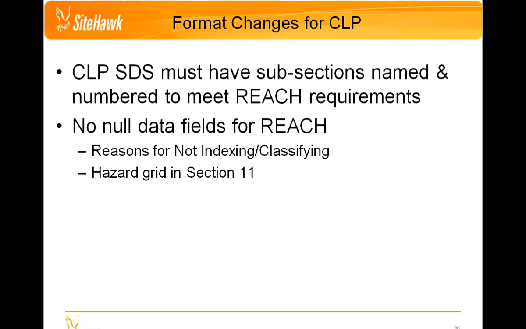Well, a CLP safety data sheet must have subsections with specified names, and then must also be numbered to meet REACH requirements. Also, there can be no null data fields on an EU CLP document, and you must indicate reasons for not indexing or classifying, and they actually suggest using a hazard grid to communicate this information in Section 11 of the safety data sheet.